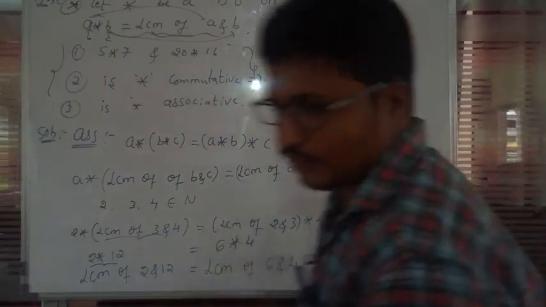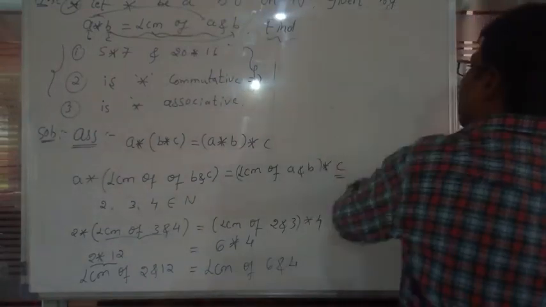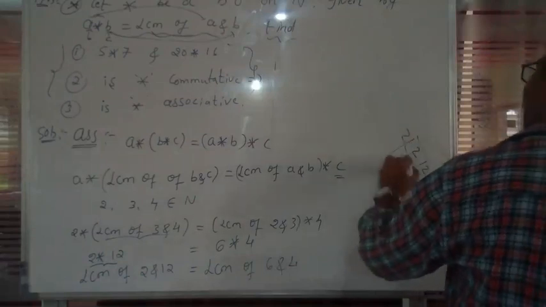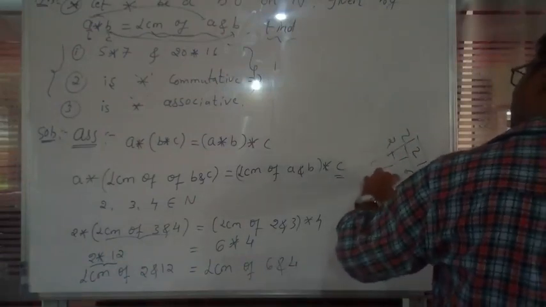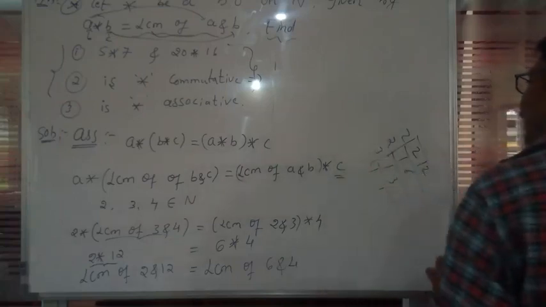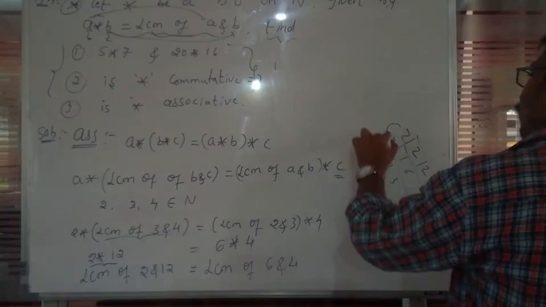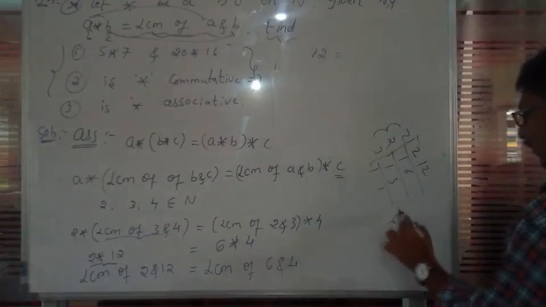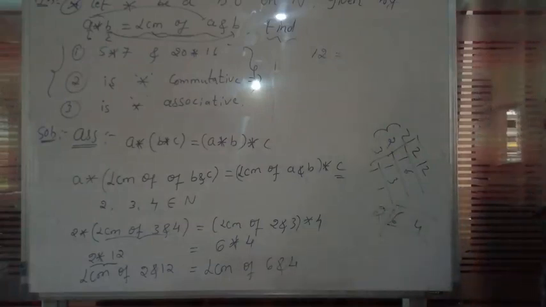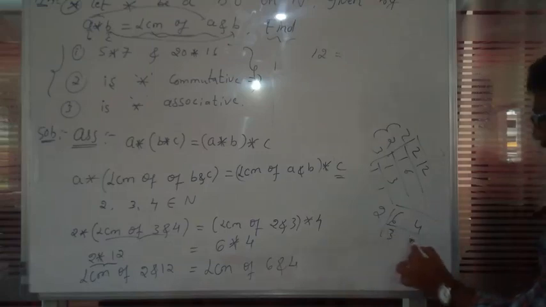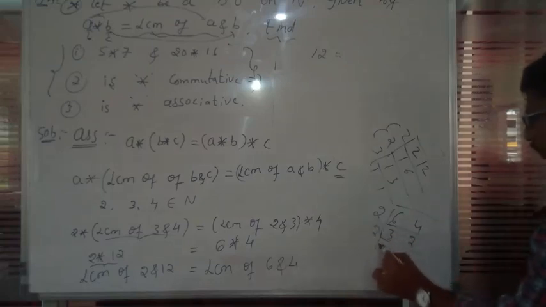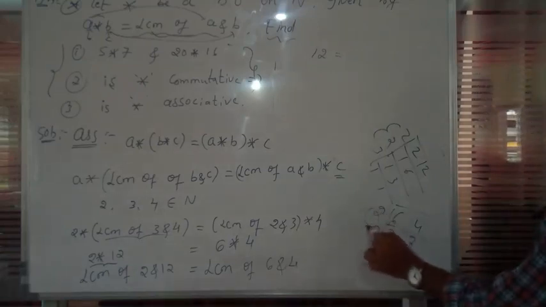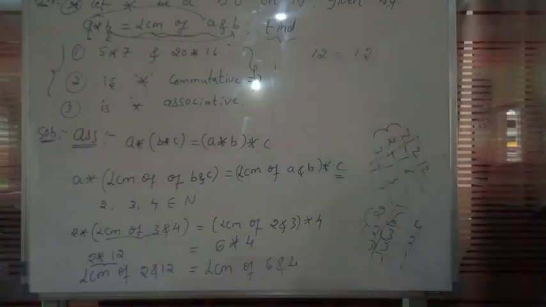LCM of 2 and 12: the minimum number is 2, 2 ones are 2, 2 sixes are 12, so the answer is 12. Now LCM of 6 and 4: take the minimum number 2, 2 threes are 6, 2 twos are 4, so 2 times 3 times 2 is 12. Both results are equal.